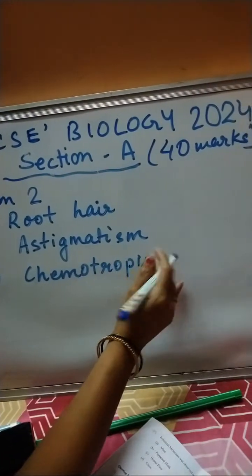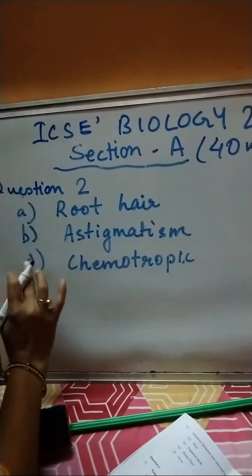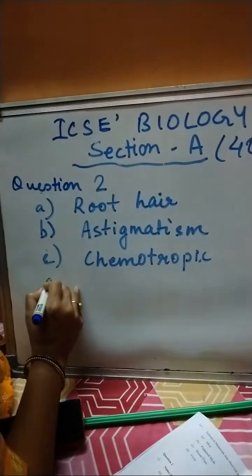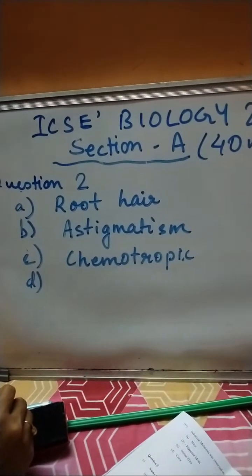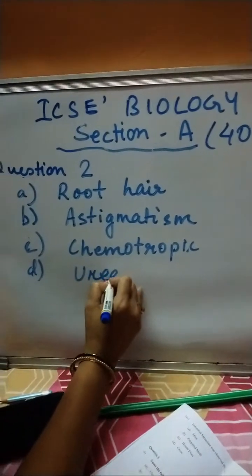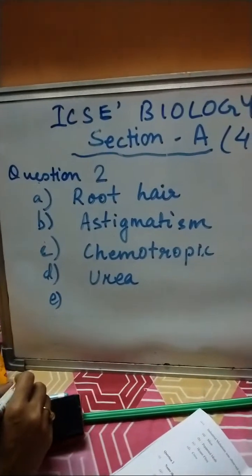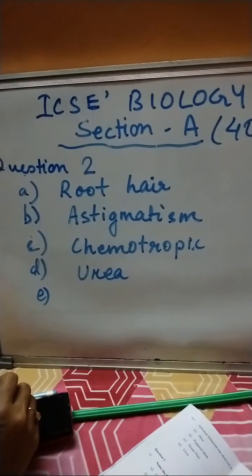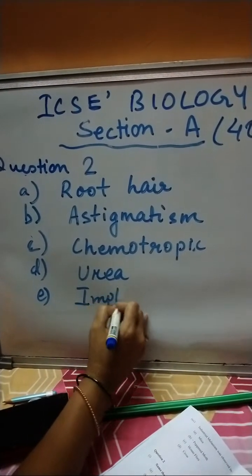D. The main nitrogenous waste formed in the body. Answer is urea. Question number E. The process of attachment of fertilized ovum to the wall of uterus. The answer is implantation.